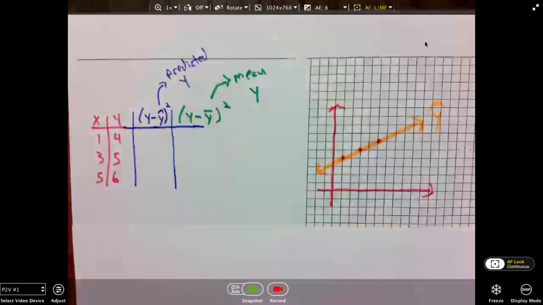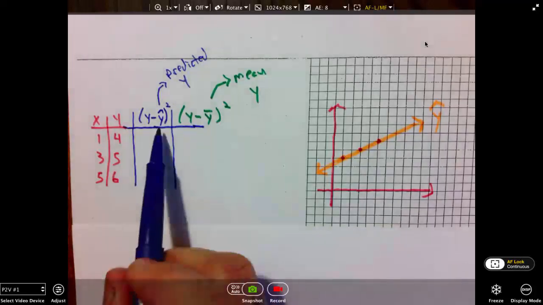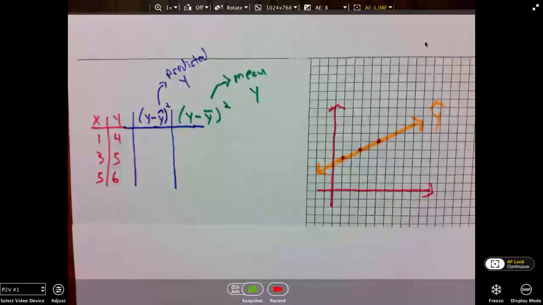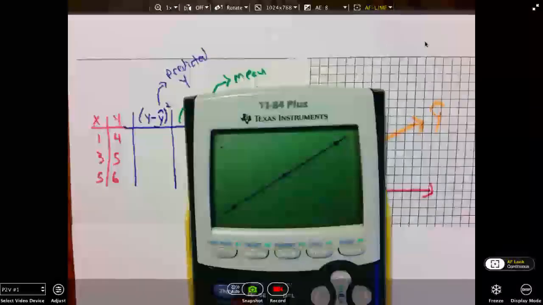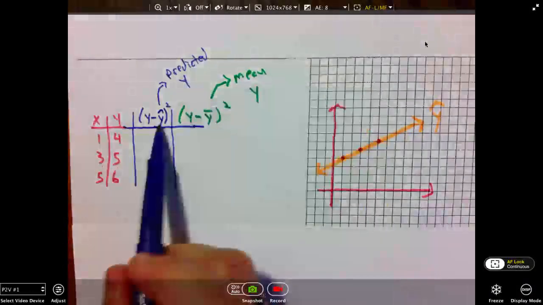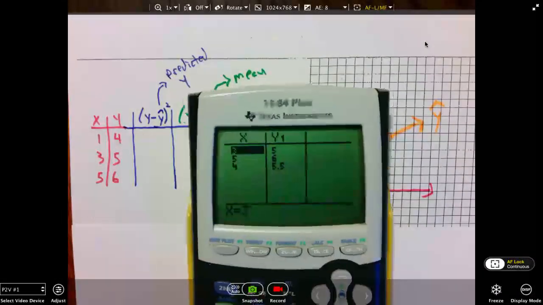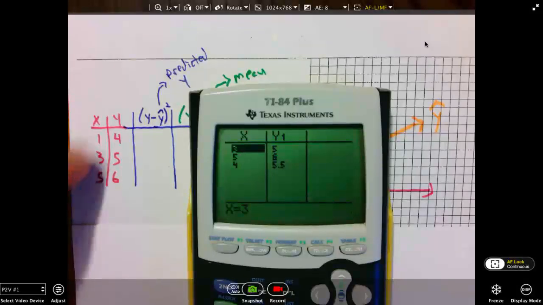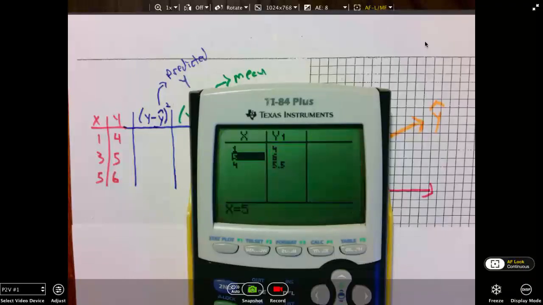Well, in this situation that's perfectly linear, clearly y hat will be the same as y, and I can come to my table and see. Coming to my table, I'm going to enter in 1, 3, and 5, and it's going to produce 4, 5, and 6. 1 produces 4, 3 produces 5, and 5 produces 6. They're perfectly aligned. So there is no error.